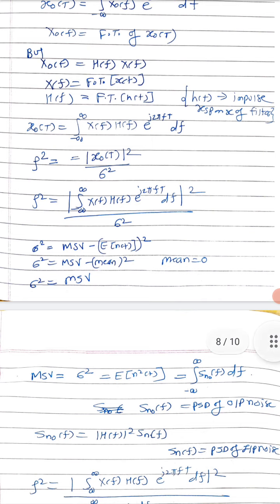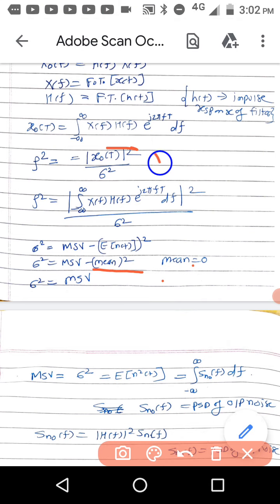So rho square is equal to x0(t) square divided by sigma square. Now x0(t) square is the mod square of this integral.